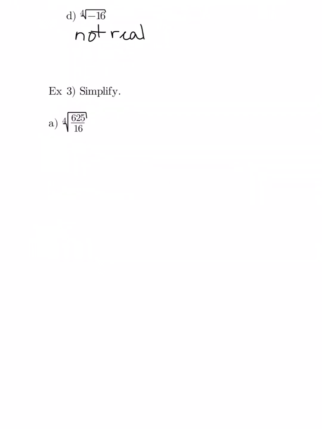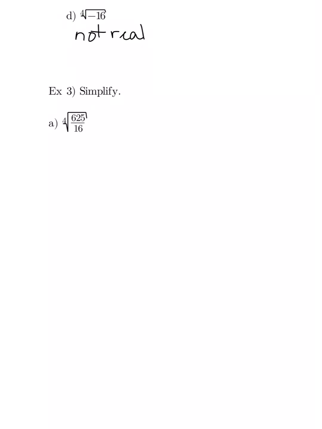On example 3, we are looking at different kinds of numbers that we are going to do radicals for. Our first example, we have the fourth root of the fraction 625 over 16. If you look at those numbers, each one is a fourth power. To do a root of a fraction, you do the fourth root of the top.